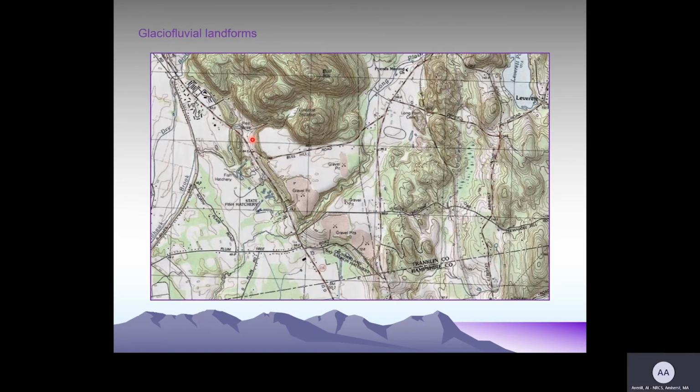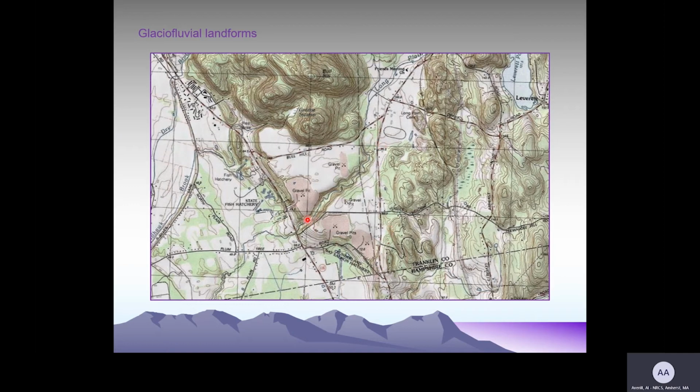This is a delta that formed when meltwater from this valley encountered a glacial lake that had existed here. Material that came in through that valley encountered the still water of the lake. That material got dumped out, and it formed a delta.